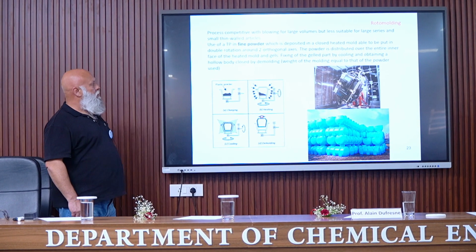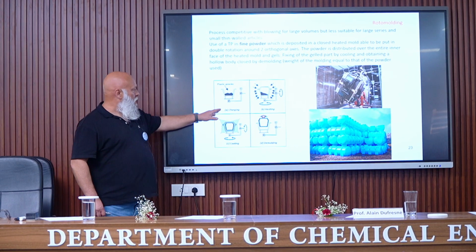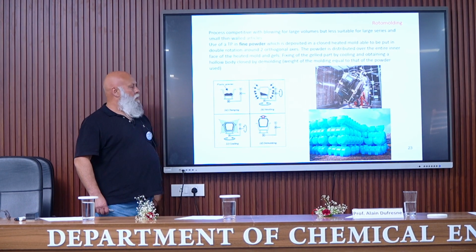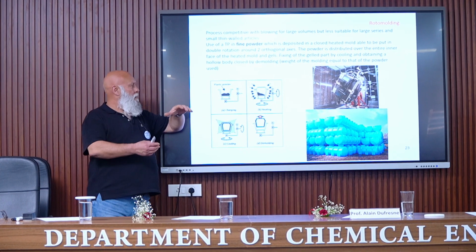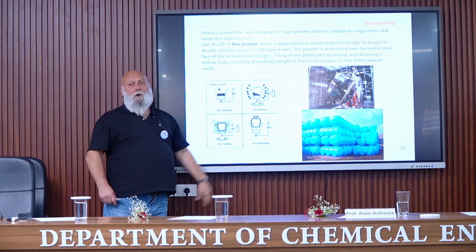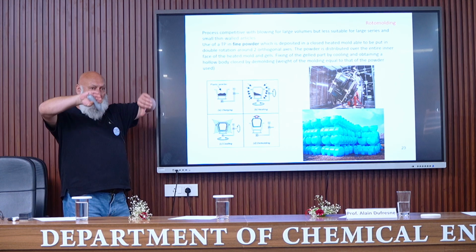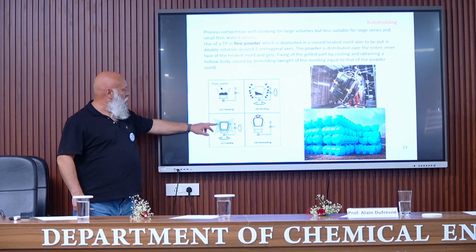So you have the different steps. The powder is added into the open mold, which is closed, and it is rotating in two directions, and the mold is hot, meaning that it melts locally the polymer. Then it is cooled in order to fix the molded polymer, and then it is removed.